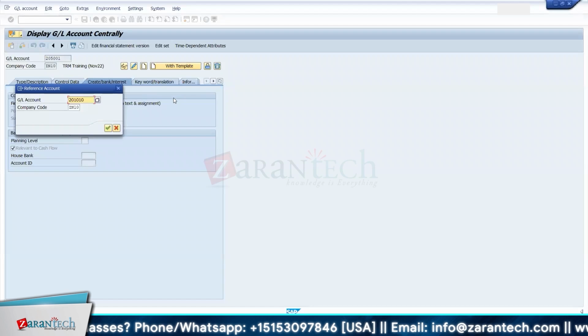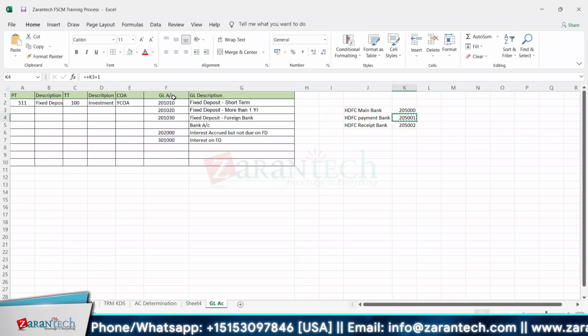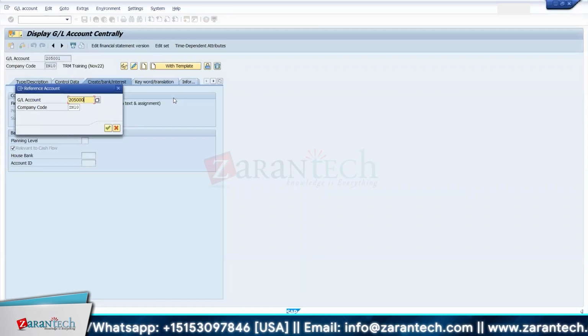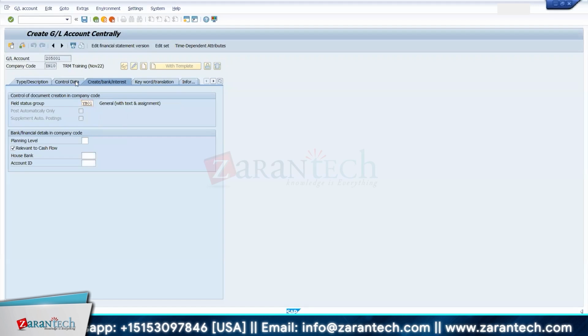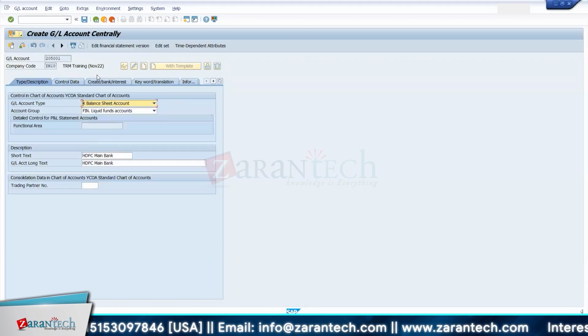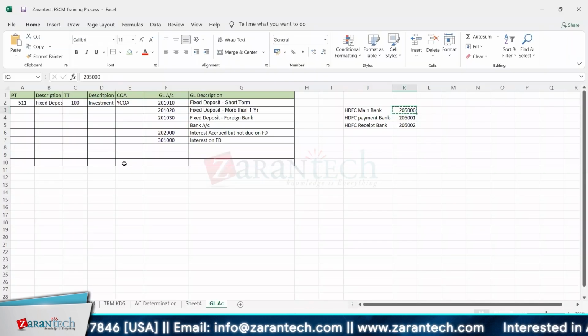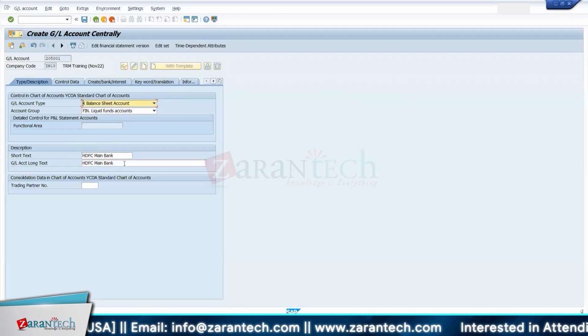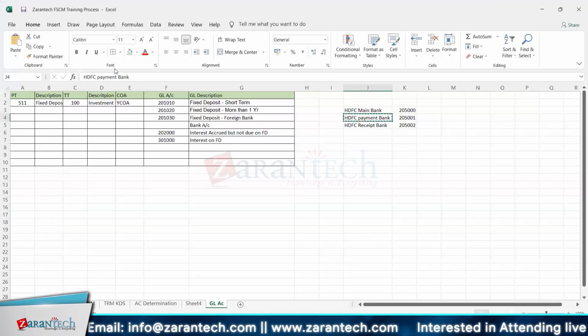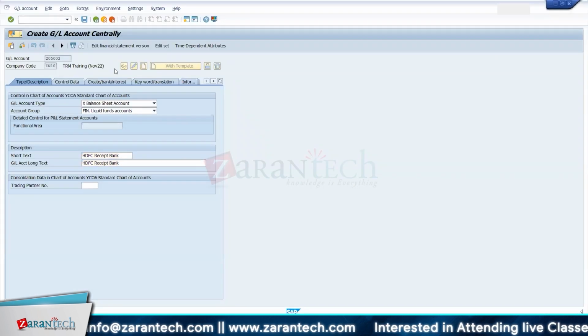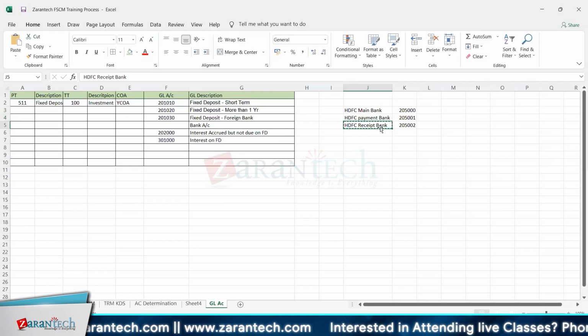So here we will not invest so much time. We'll keep this just ready. Okay, so this is my payment. Now my GL accounts are ready here.